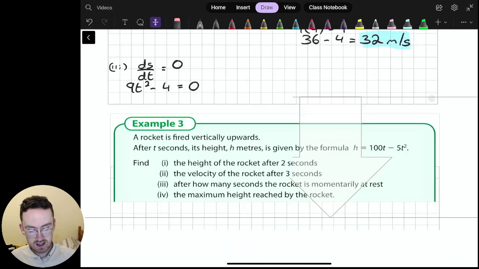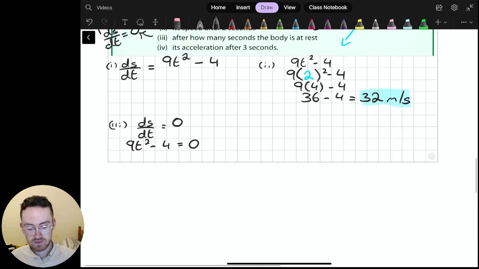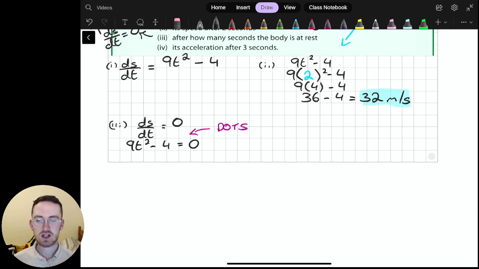What we need to recognize at this point, and let me move this down, is what type of question this is. And this is a difference of two squares. We said this in the last section, that if we have a question where we have a t squared or an x squared, we generally will have to do some sort of factorizing.